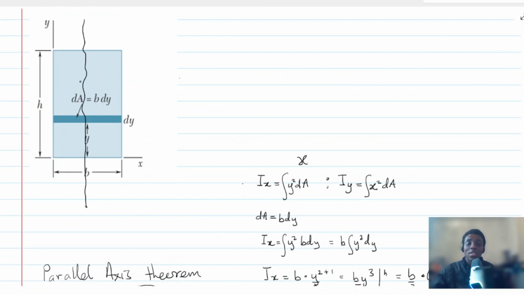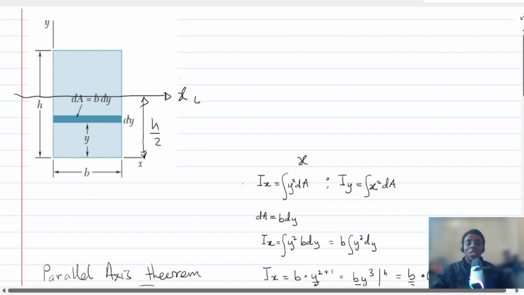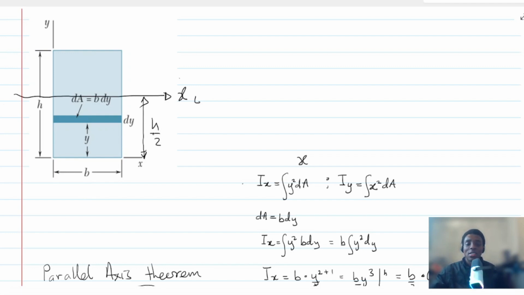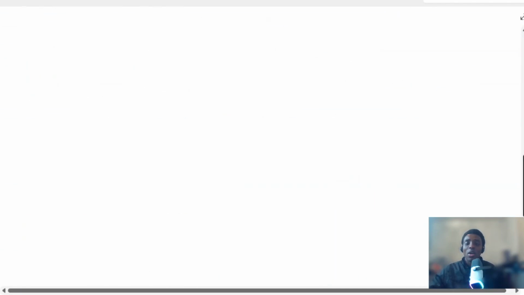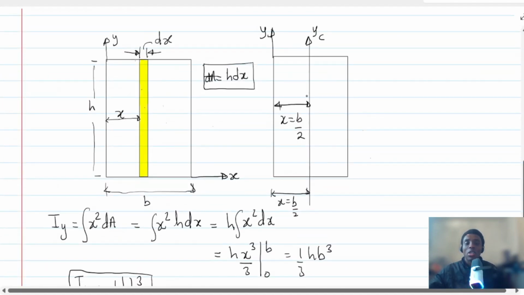I'm sorry, with the x-axis, there is an axis somewhere here, which is xc. So that distance up to the x will be h/2. And that distance is actually the distance from the centroidal x-axis to the original x-axis. But this one, we are talking about the centroidal y-axis and the original y-axis. Okay.